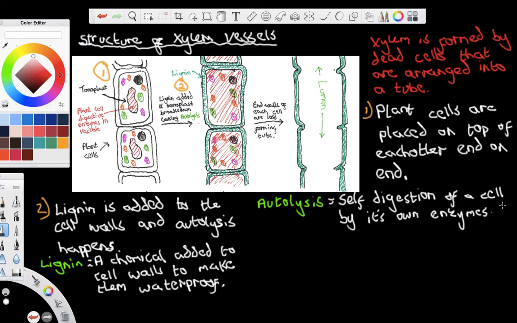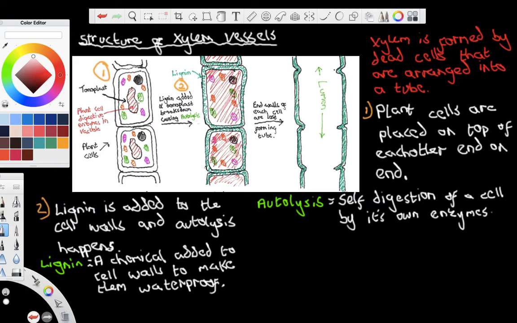Okay? Now, the tonoplast is what causes this autolysis. Now, on my diagram here, you can see that the tonoplast is this middle part. It's part of the vacuole and it contains digestive enzymes. Essentially what happens is that lignin is added to the walls of the cells to make them waterproof, and then the tonoplast breaks down.